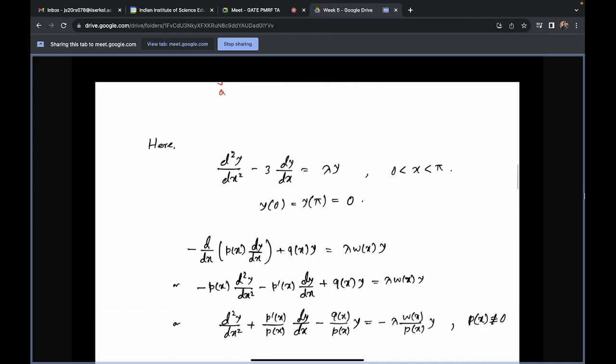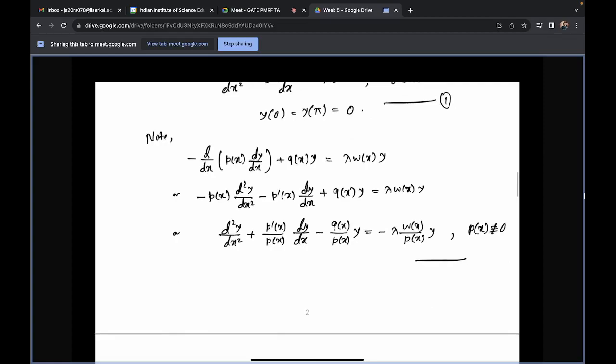So now let me call the original equation 1 and this one 2.